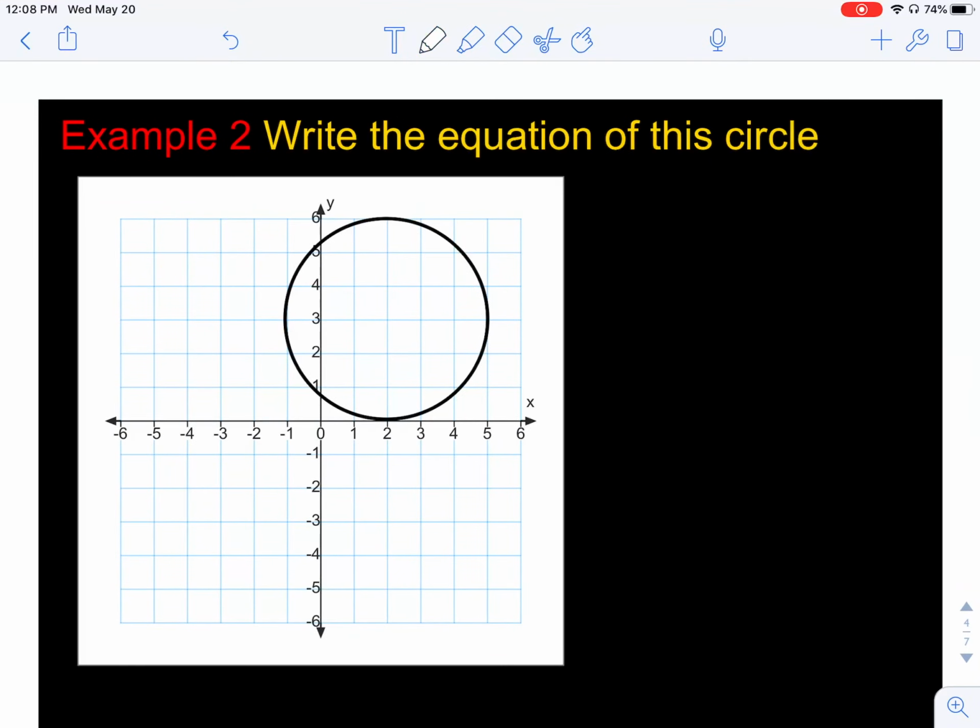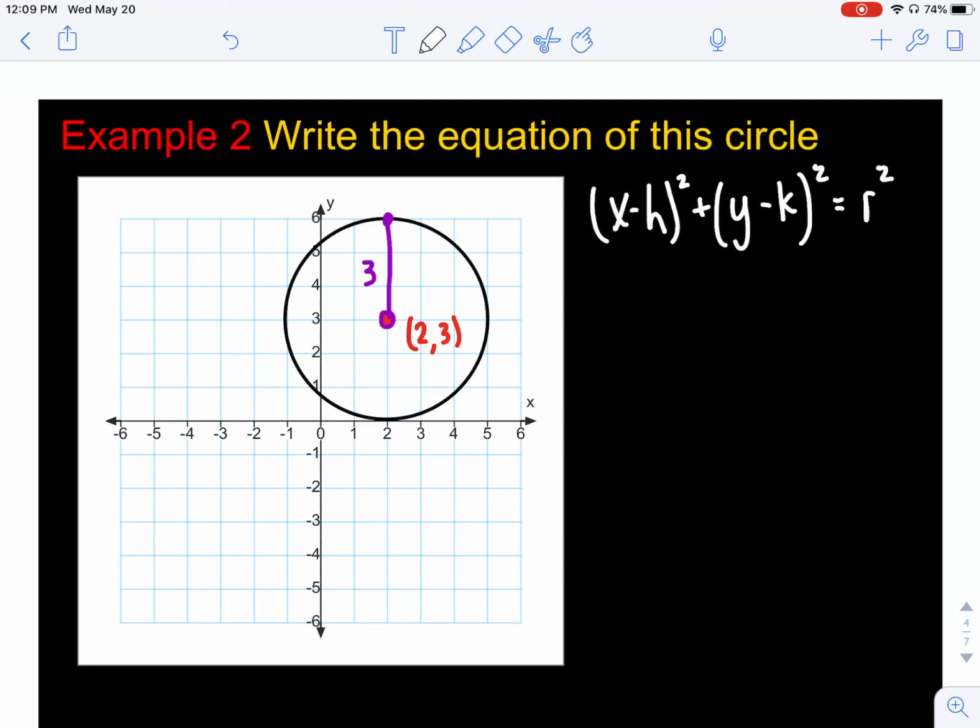This next one, the center moves. So now our center has moved to the point 2, 3, and our radius is a little bit smaller, it's 3. Remember, the equation is x minus h squared plus y minus k squared is equal to r squared.